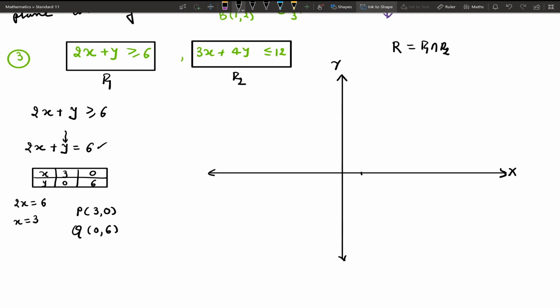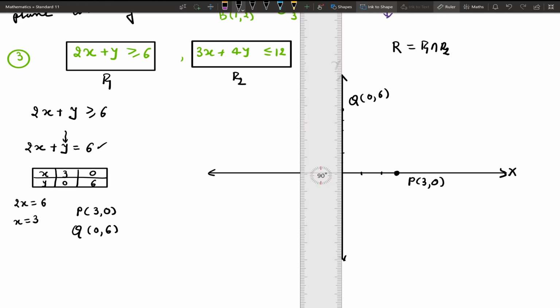We take an arbitrary scale 1, 2, 3, 1, 2, 3, 4, 5, 6. So this is the point P 3, 0, and this is the point Q 0, 6.